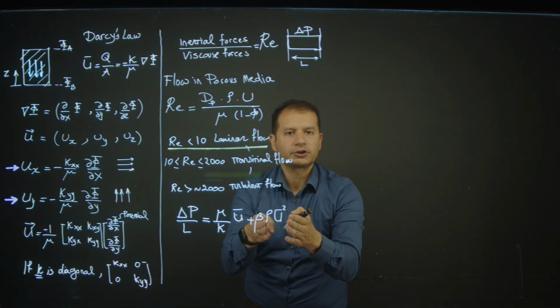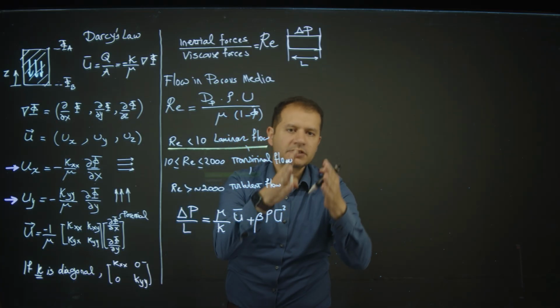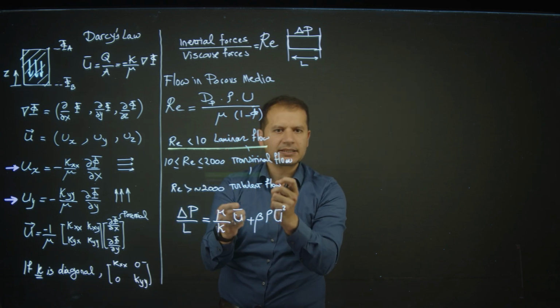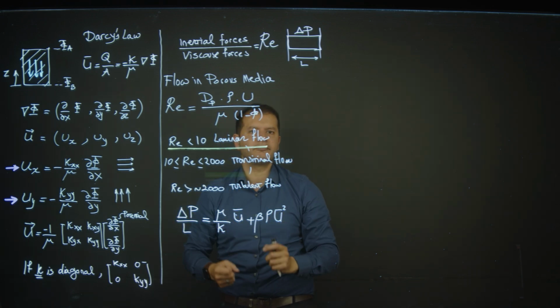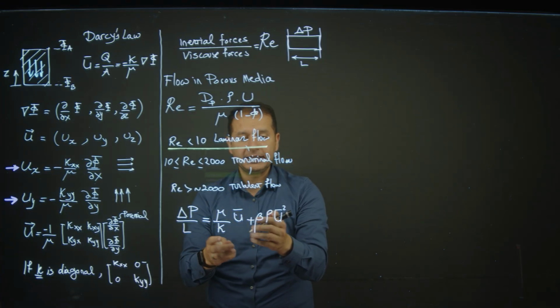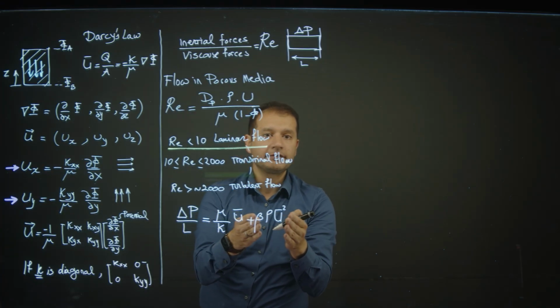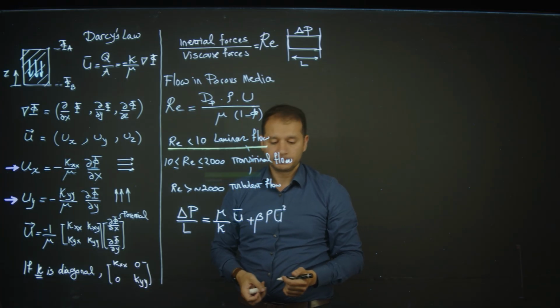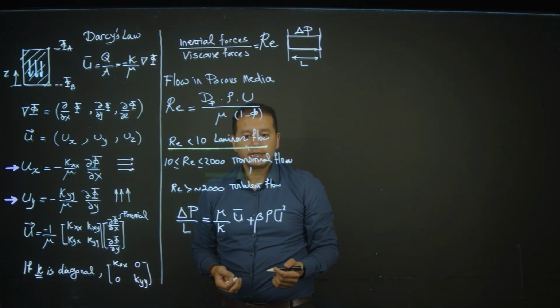If I write it vectorially, it will be the vector u times the norm of u. Just accept my slight sloppiness for the sake of a convenient lecture. So it means that you have a linear part and you have a nonlinear part, rho u squared, which is the momentum part.